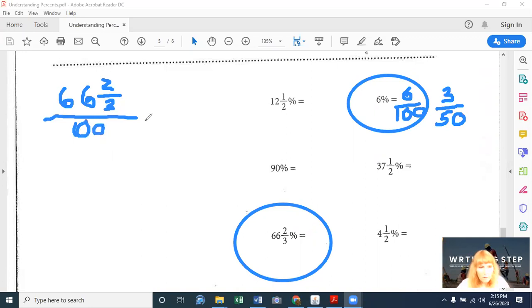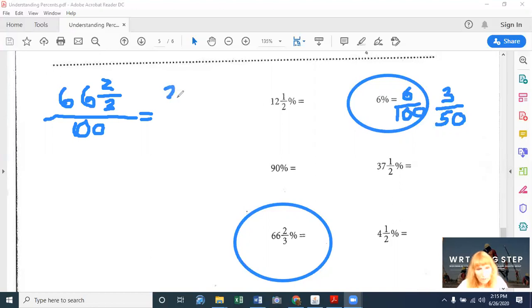Then I'm going to change 66 2/3 into an improper fraction. So 66 times 3, whole number times the bottom, is 198, plus I add the top, 2, 200.